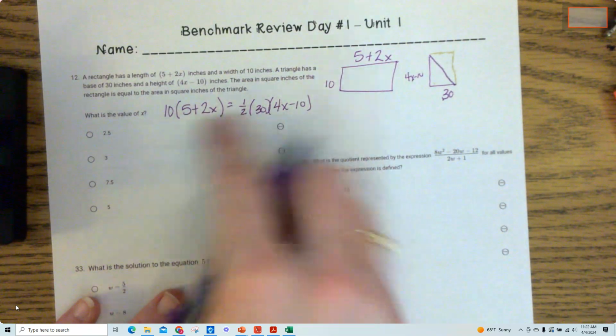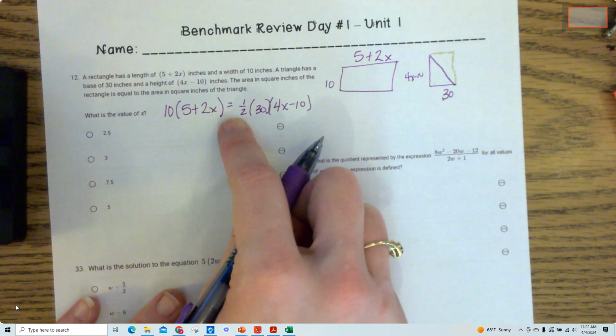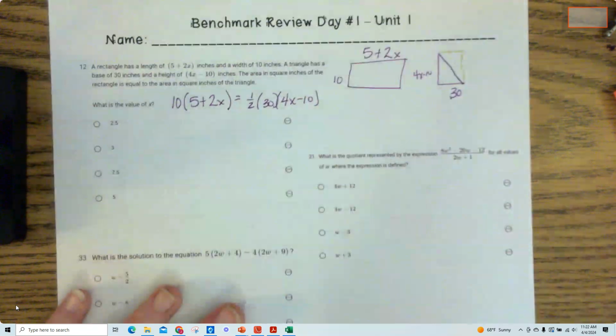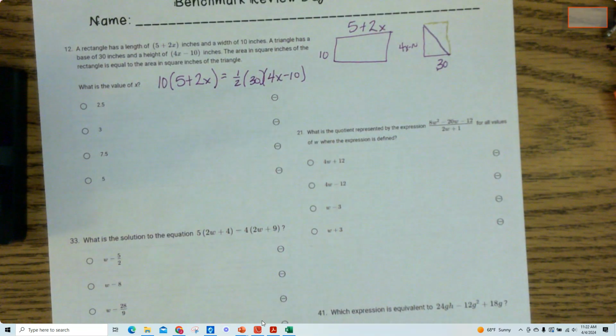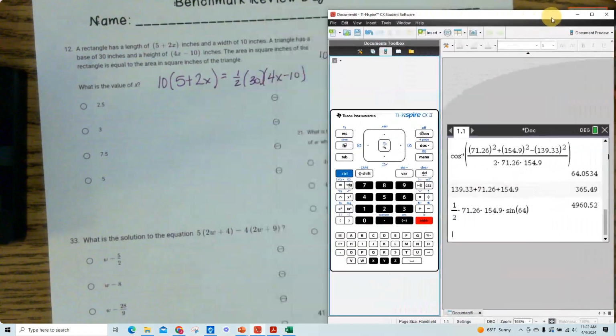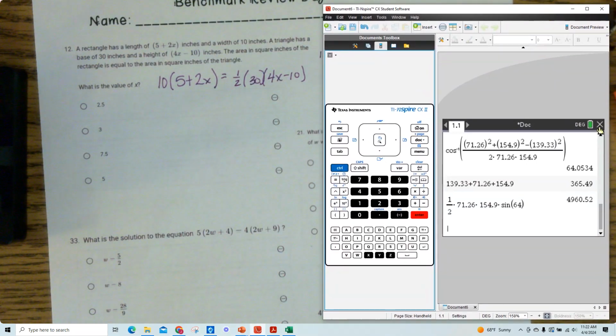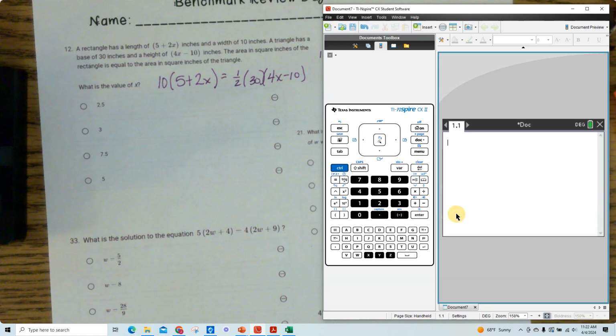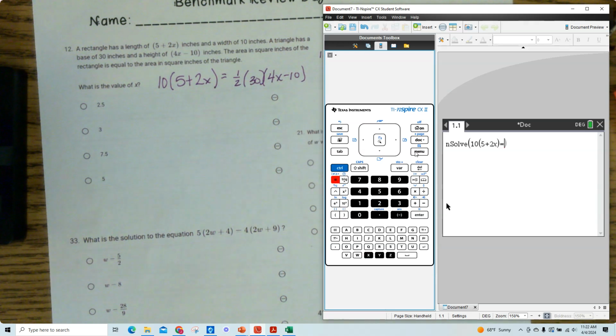What's the value of x? How do I solve this? Menu 3-1, absolutely. So in my calculator, let me start fresh here. All right, I'm going to do menu 3-1, 10, 5 plus 2x equals 1/2, 30, 4x minus 10.